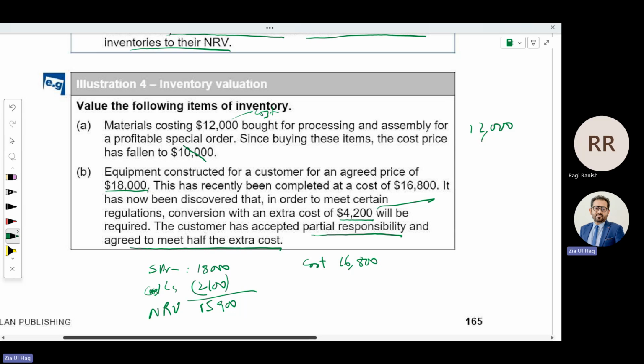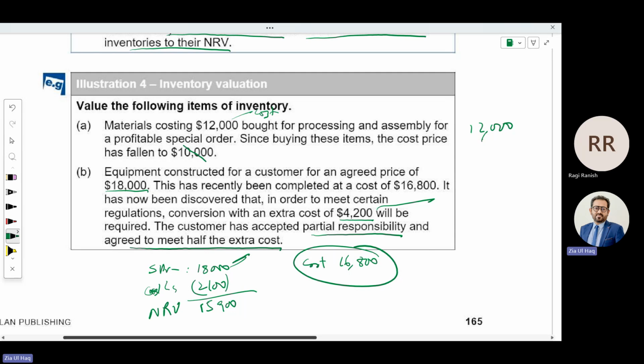The cost won't increase. But this 4,200 is not a cost. These are selling expenses. Cost to sell is not production cost. Cost will remain the same. This is your selling price that you agreed with the customer.